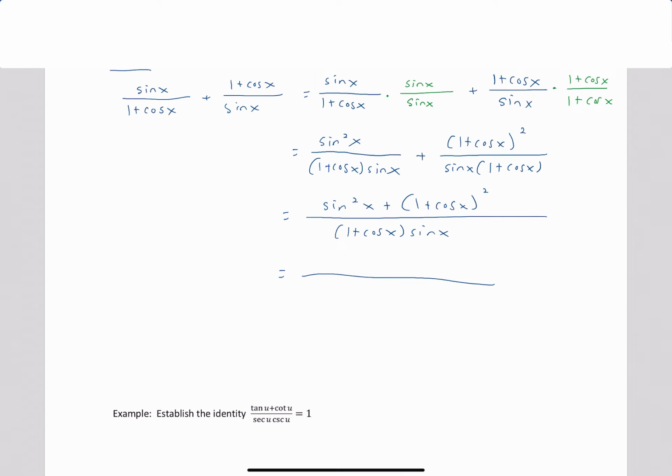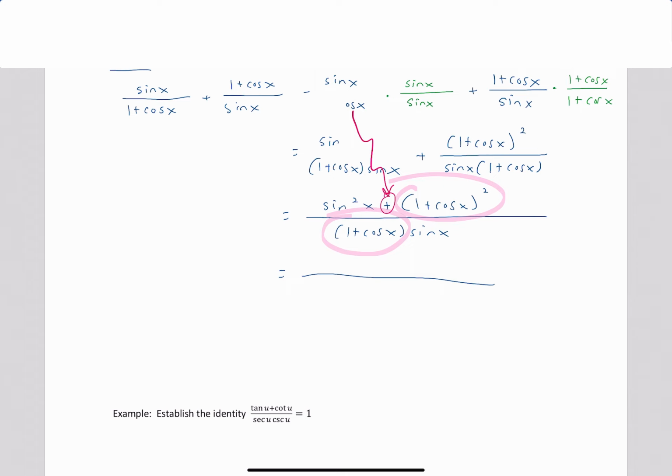And since I can't think of anything else to do, oh, by the way, notice these do not cancel. Why do they not cancel? It's because of this plus sign right there. The 1 plus cosine of x on top is not a factor.